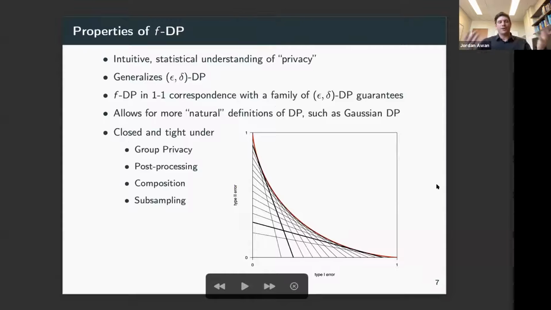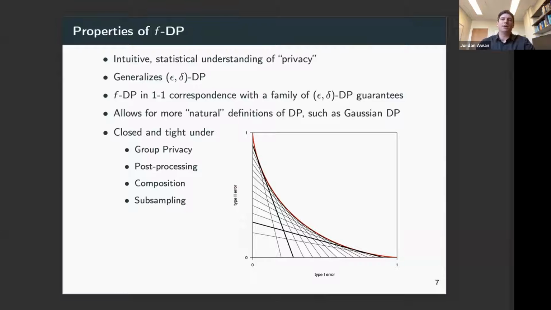A few properties to motivate why we want to use this formulation of differential privacy. The first, coming from a statistics background, it's nice to have a statistical understanding of privacy in terms of hypothesis tests. That makes it a little easier to communicate what we mean by this privacy constraint. It is a complete generalization of epsilon-delta.